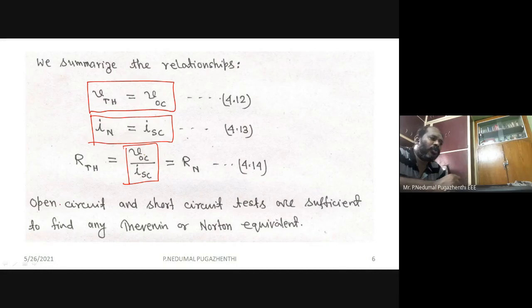So you can use the open circuit and short circuit test to find any of these parameters, and you can frame a network accordingly, either a Thevenin's equivalent network or a Norton's equivalent network.